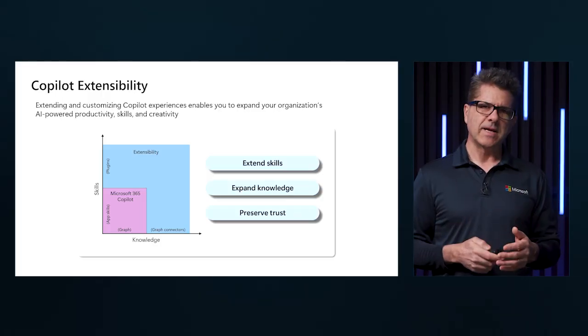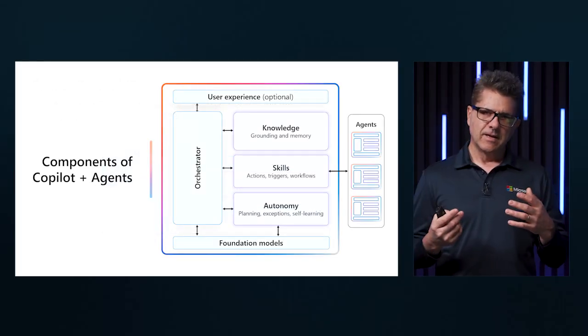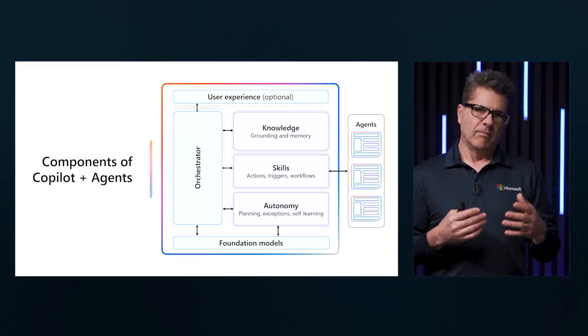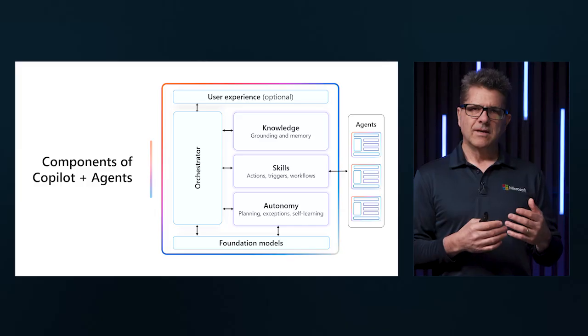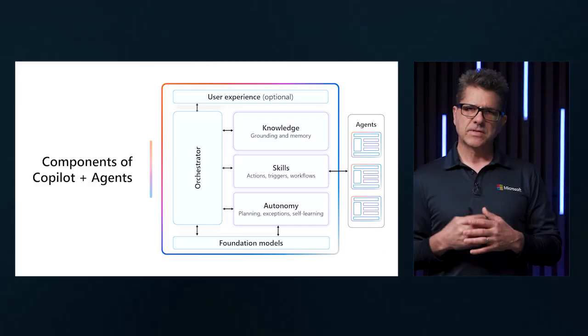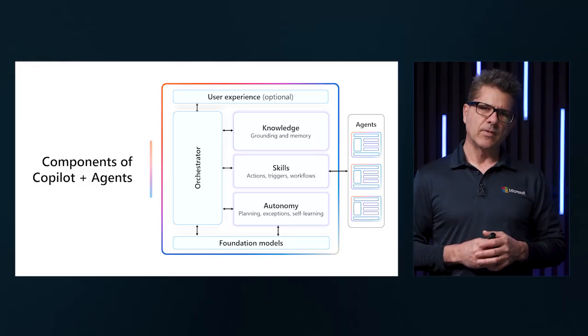Now, these agents are fundamentally composed of custom knowledge. So I have instructions, I have grounding of the data, I also have custom skills, as I mentioned. This includes the actions, the triggers, and the workflows.